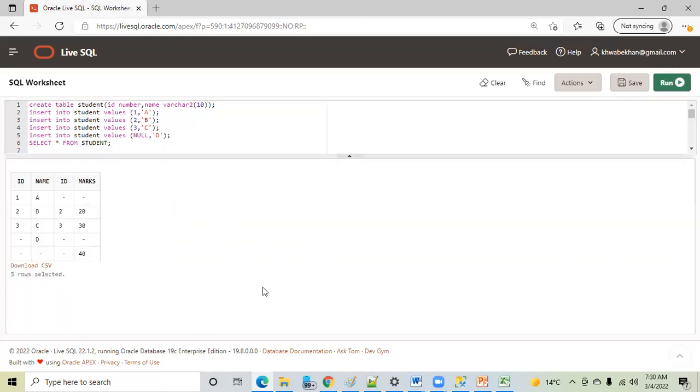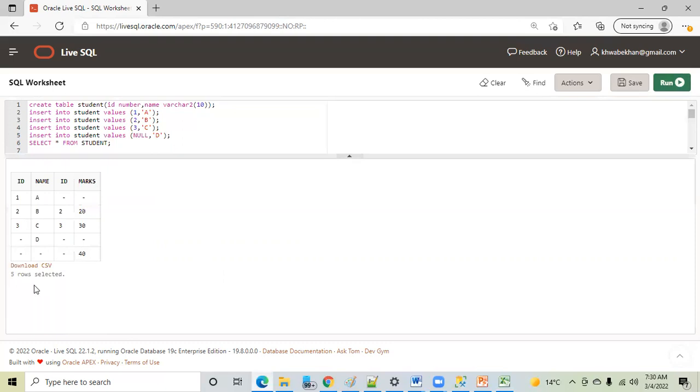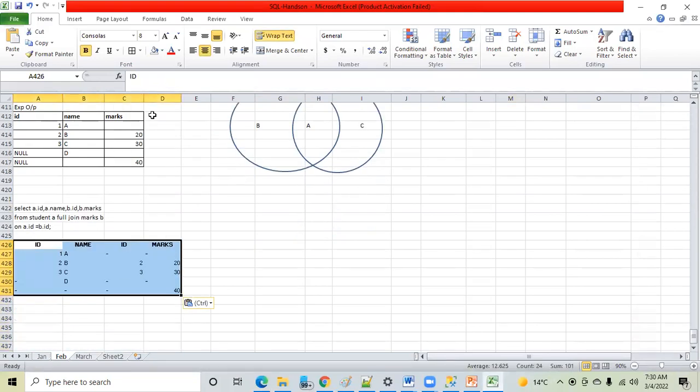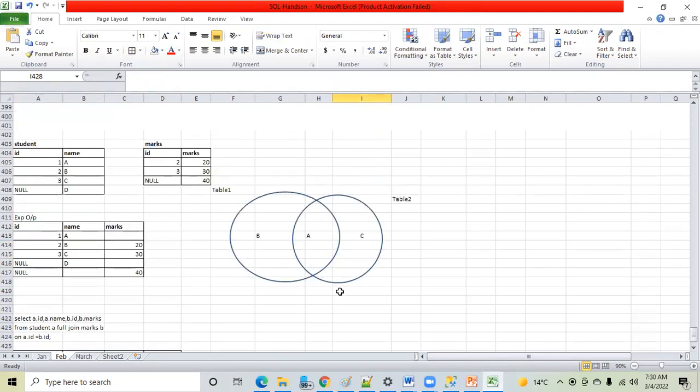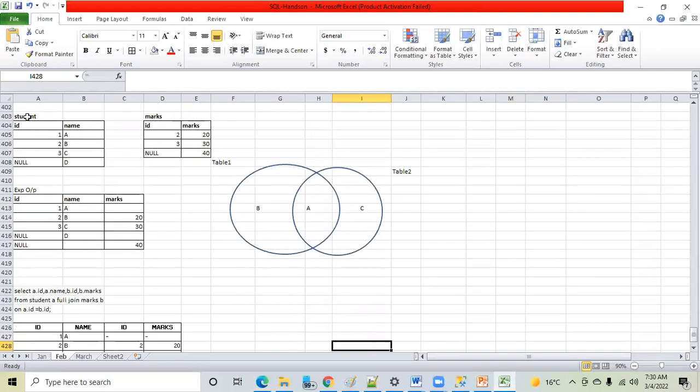This is the output. Let's try to analyze this. This is the query, and this is the output. Now if you analyze this, you have the student and marks table.